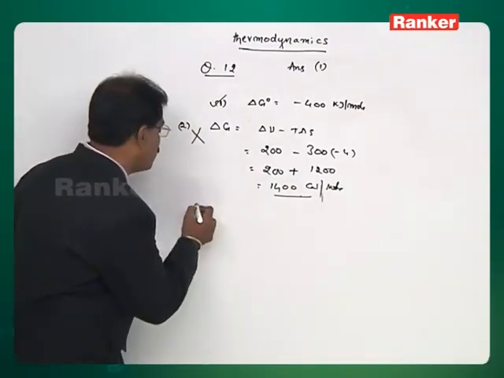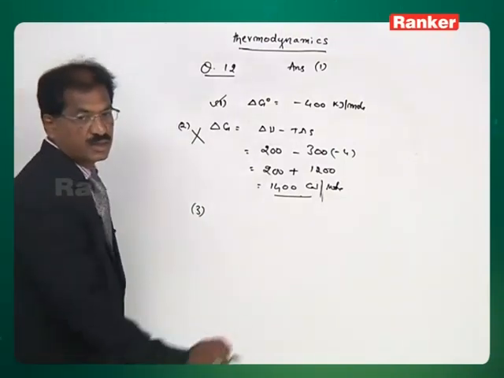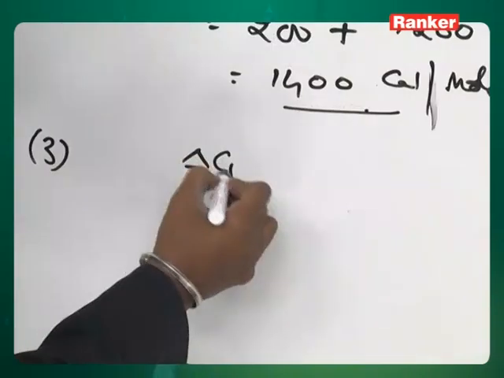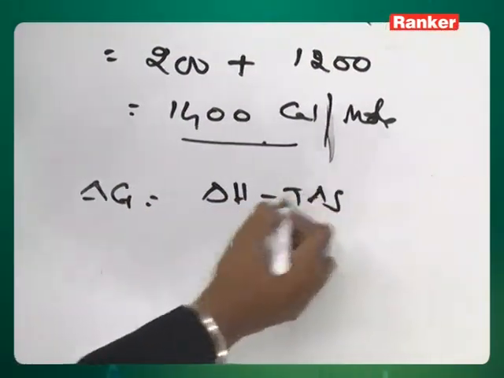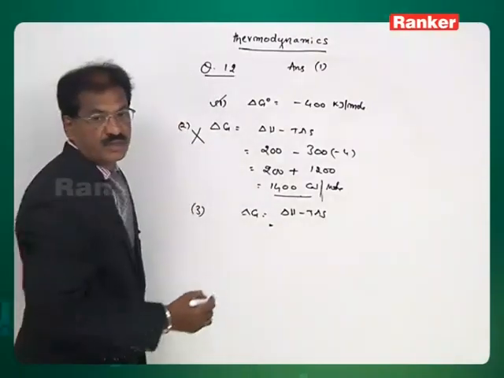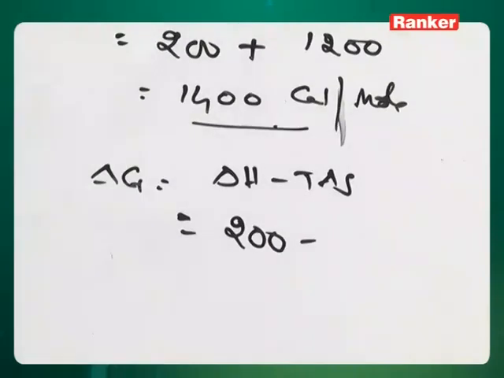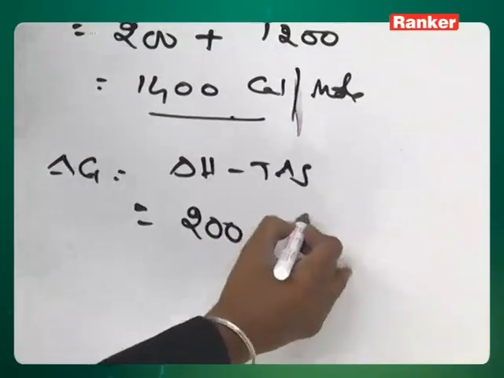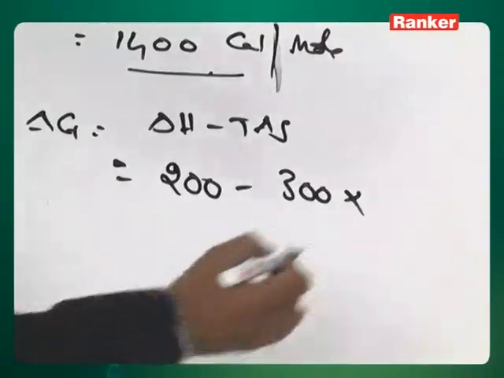Similarly, verify the data given in the third option. In the third option, they have given the enthalpy change as well as the entropy change. Again, calculate the free energy change. Enthalpy change is 200 minus temperature 300. Next, the entropy change is given as 4.